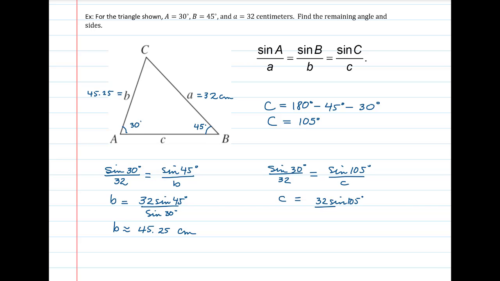It's very similar to the one we just did for lowercase b. This is just a different angle on a different opposite side. So solving for c, we get 32 times sine of 105 over sine of 30 degrees, and side c is going to be approximately 61.82, and this is centimeters as well. And there we have it.